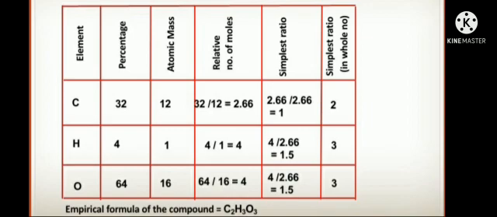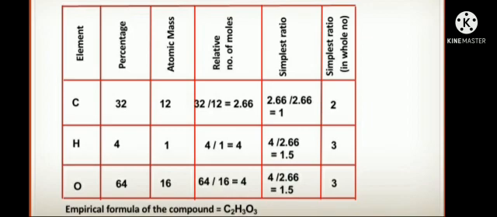If you multiply the simplest ratio value by 1, again you will get 1, 1.5 and 1.5, which means 1 into 1, which is equal to 1, 1.5 into 1, which is equal to 1.5, 1.5 into 1, which is equal to 1.5.